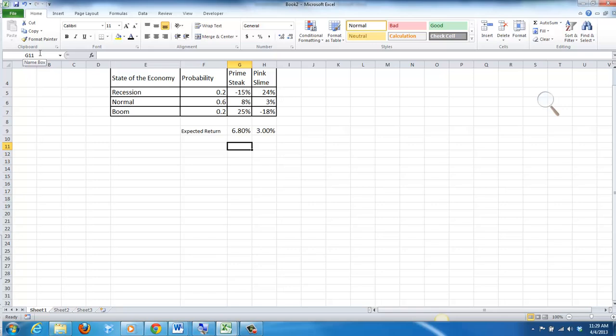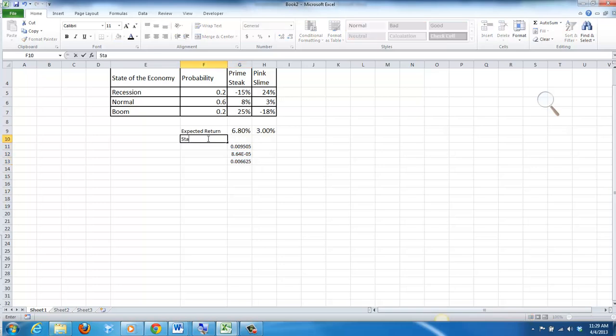So I'm going to set this equal to my return in this state of the economy minus the expected return, squared, multiplied by the probability. And to make things easier for me, so I don't have to calculate all that out, I'm going to drag this down. And essentially it just does it over and over again.